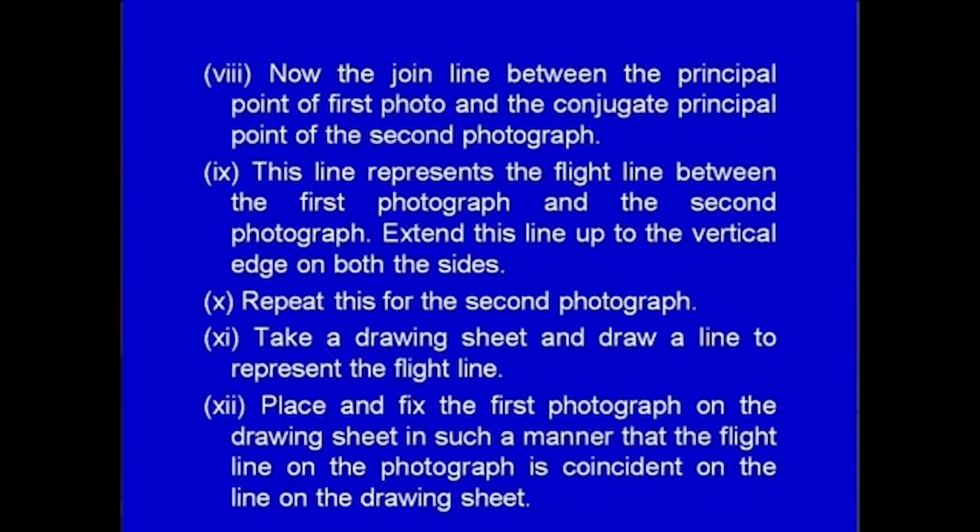Now, join the line between the principal point of the first photo and the conjugate principal point of the second photograph. This line represents the flight line between the first photograph and the second photograph. Extend this line up to the vertical edge on both sides. Repeat this for the second photograph.